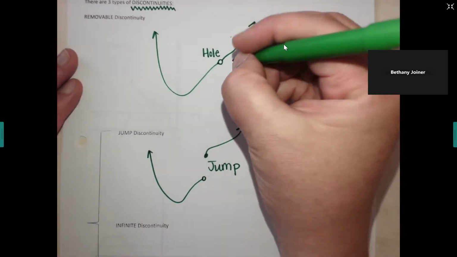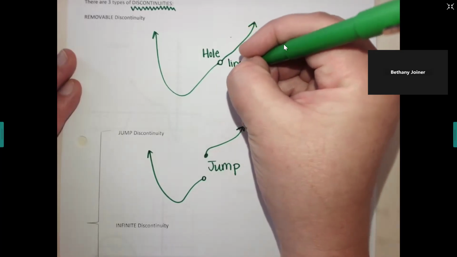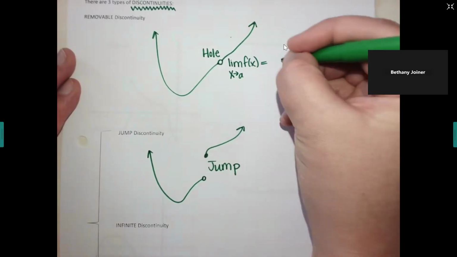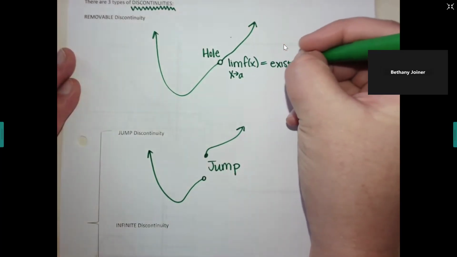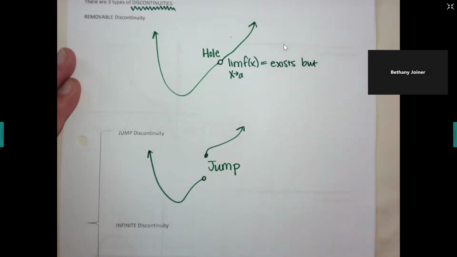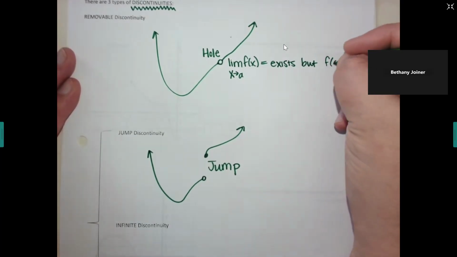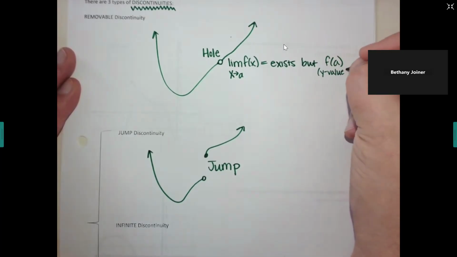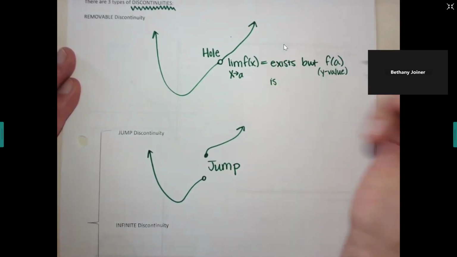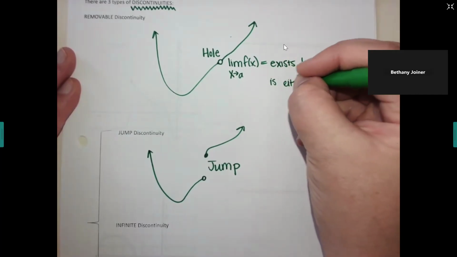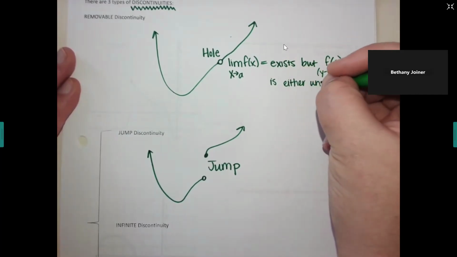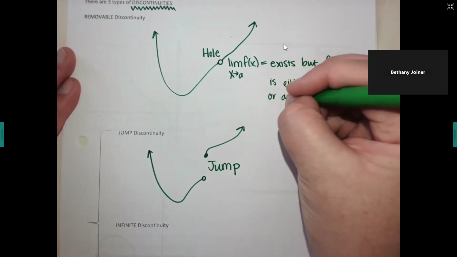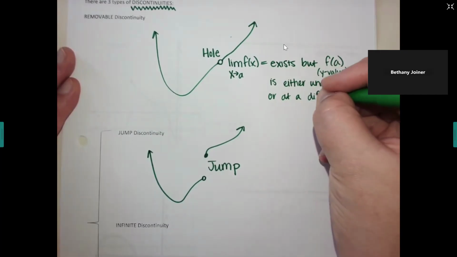So I want you to put on here for this one, your limit as x approaches a exists, but your f of a, or we'll put y value below that, is either undefined or at a different number.